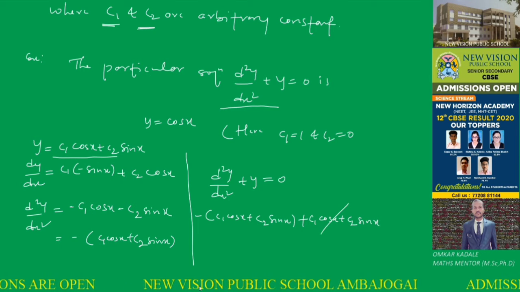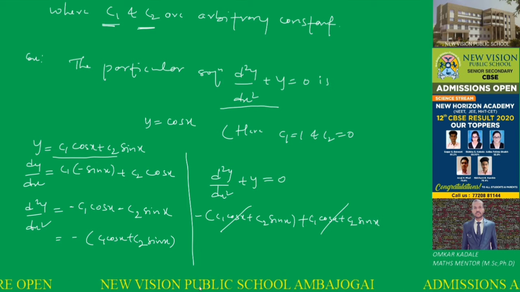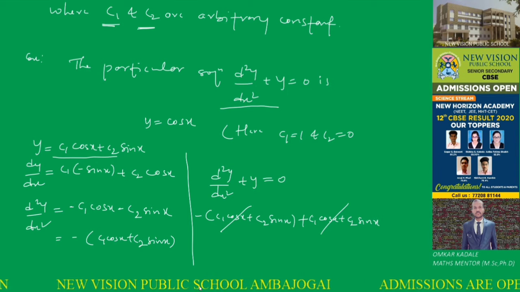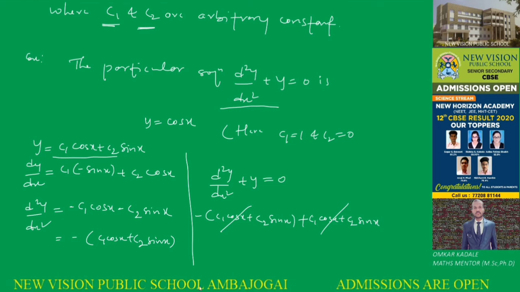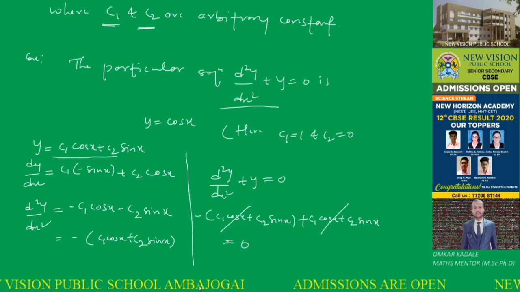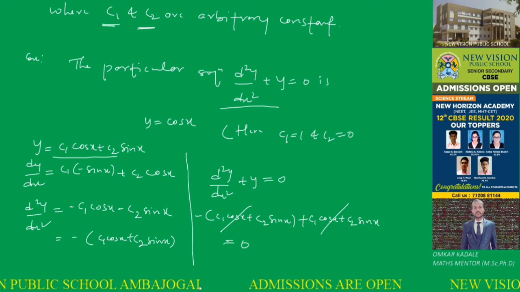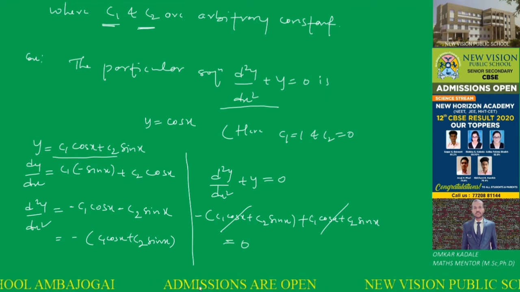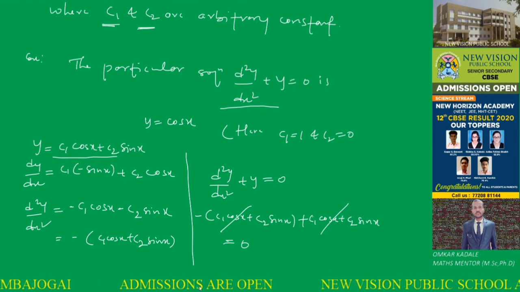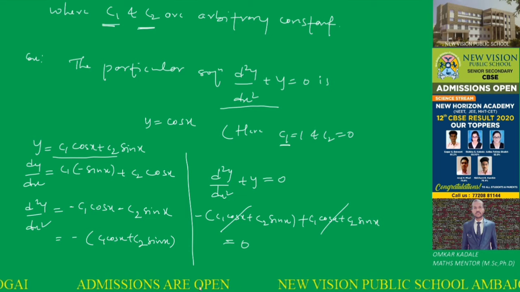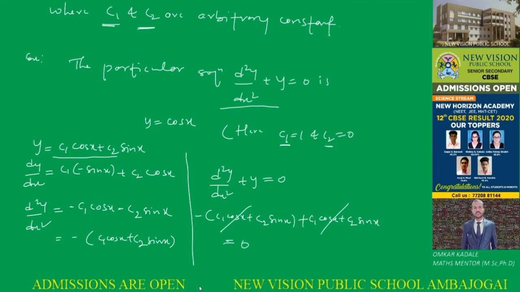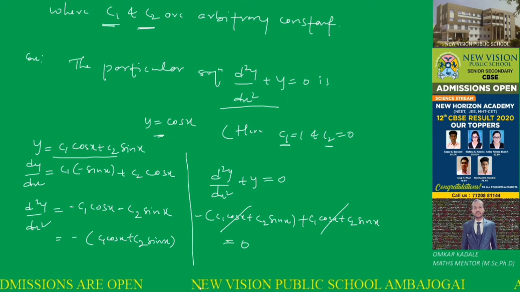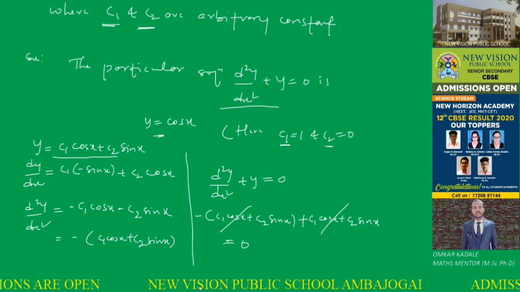The minus of c1 cos x plus c2 sin x and the plus c1 cos x plus c2 sin x get cancelled, which equals 0 only. So it satisfies our general solution, right? Similarly, let's see for the particular solution, if I substitute c1 equals to 1 and c2 equals to 0, when y equals to cos x.